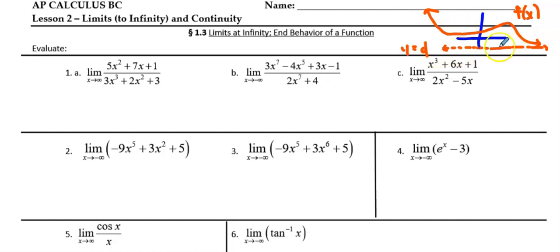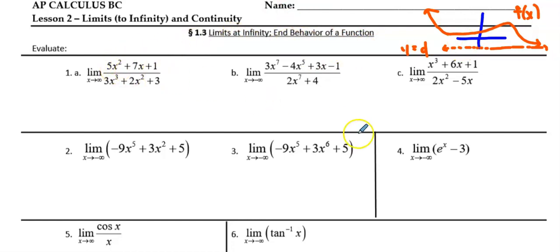So if this asymptote is y equals d, then this horizontal asymptote would be where we restrict our function, and so our limit as x approaches infinity from the right would actually be the value of d. Okay, so really that's what we're looking for. We're looking for limits to infinity.